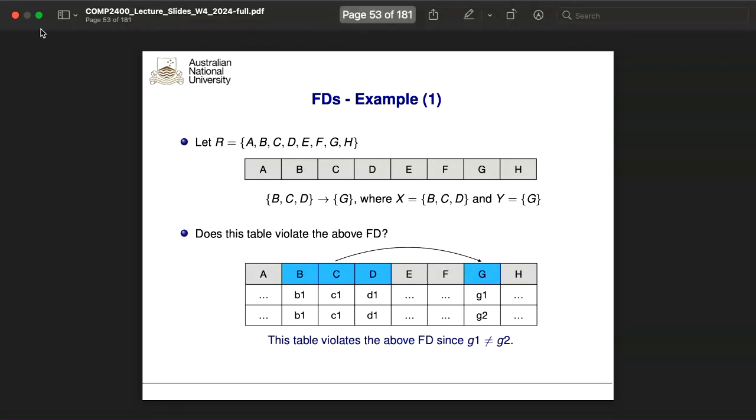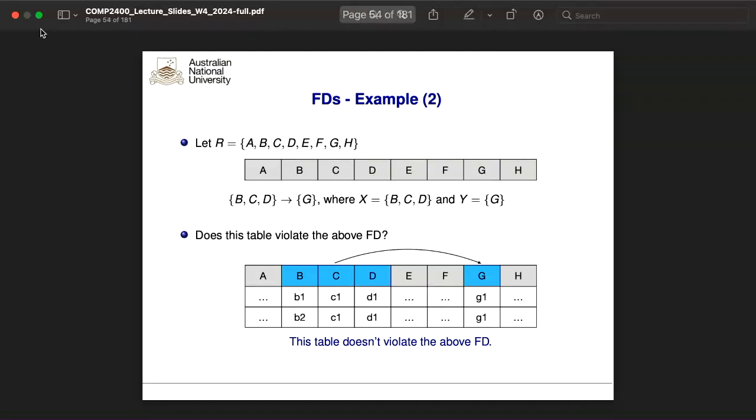Yes, because G1 does not equal G2. By the definition of functional dependency, if all values for B, C, D are the same, then they must have the same value for G. Here, this is not the case. If we change this to G1 for both tuples, and assume the other parts of the table are fine, then this functional dependency is satisfied.